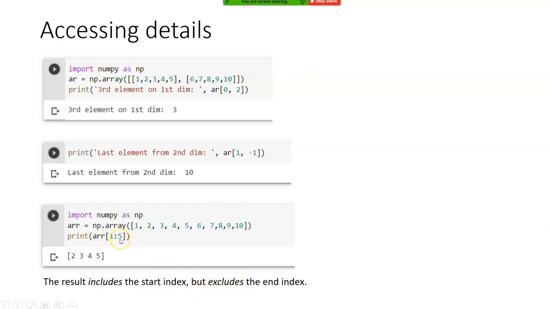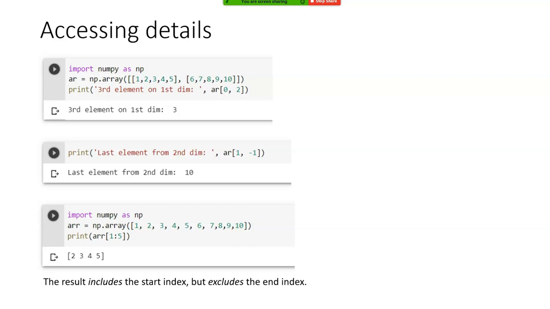When I give something like this, it includes the start index but excludes the end index. Which is why we have this negative, because if I want to print something, I can't go from left to right because it will normally exclude something. But if I come from the last, it will include. Right? Different ways of accessing information, different ways of manipulating information.